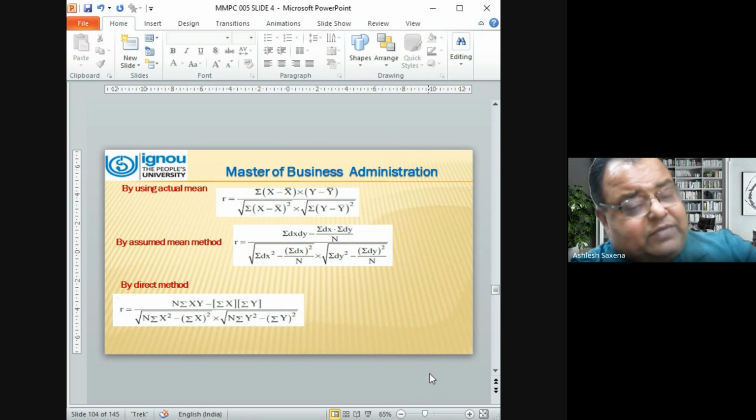You have to simply use the formula n times sigma xy minus sigma x sigma y divided by under root n sigma x square minus sigma x whole square into under root n summation y square minus summation y whole square. You can see that these relations are the same in respect of each other, but depending upon its use, the formula has slightly changed.